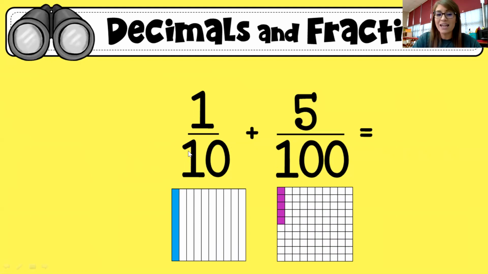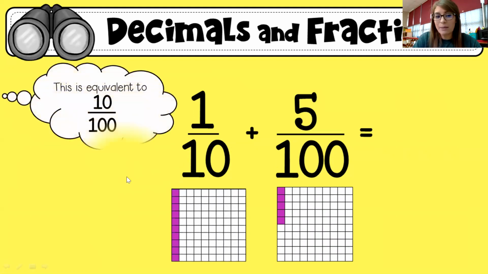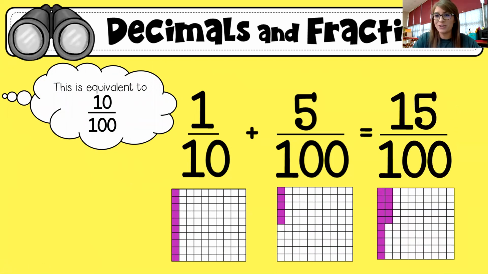Very good. 10 100ths. 10 times 10 is 100, and 1 times 10 is 10. And as you can see, when those horizontal lines got brought across, that is 1, 2, 3, 4, 5, 6, 7, 8, 9, 10 hundredths. So we are not adding 1/10 plus 5 hundredths. We are going to be adding 10 hundredths plus 5 hundredths. So 10 hundredths plus 5 hundredths is, very good, 15 hundredths.